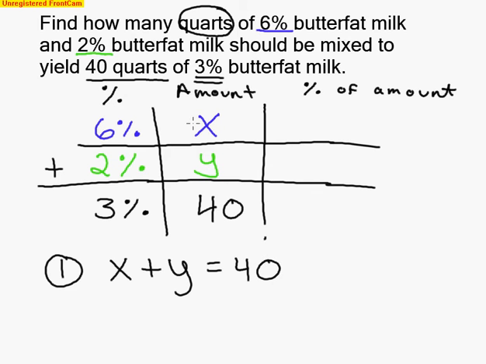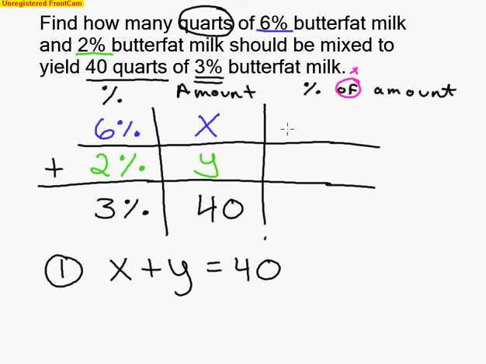And this is all the same units. They're all quarts. Now, the percentages, we don't have where they're the same units. But we want to make sure we take a percent of an amount. Of, in the math world, means multiplication, so times.